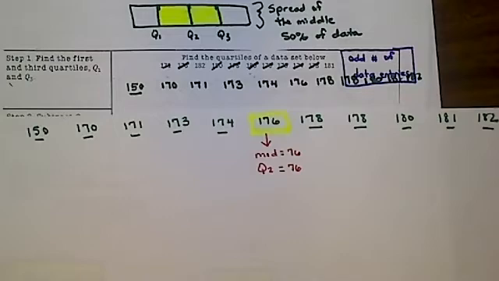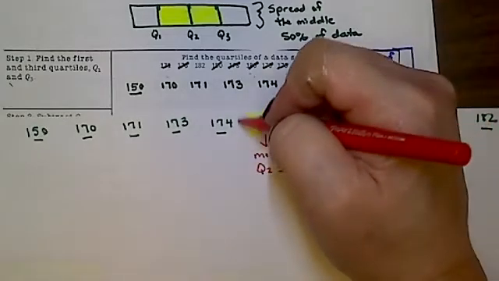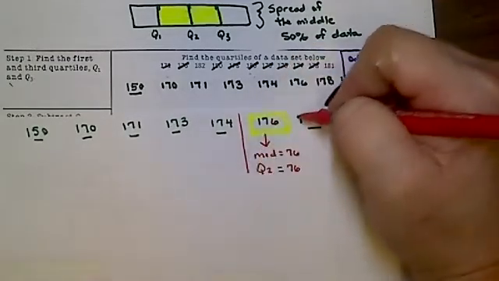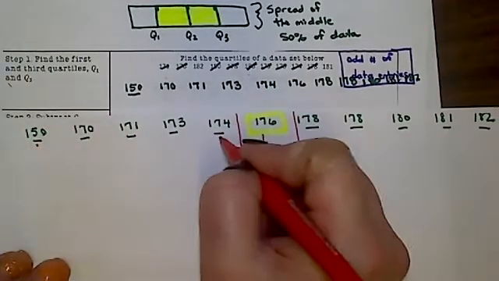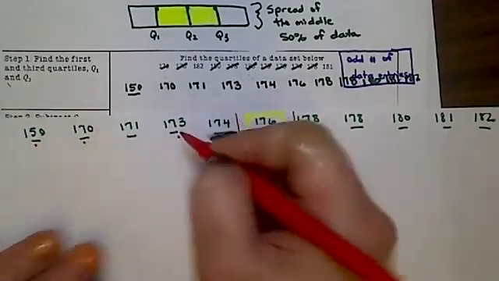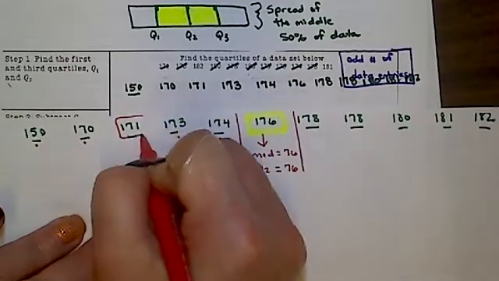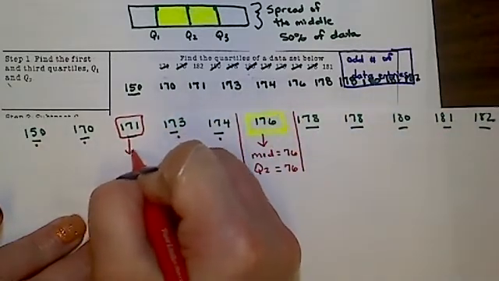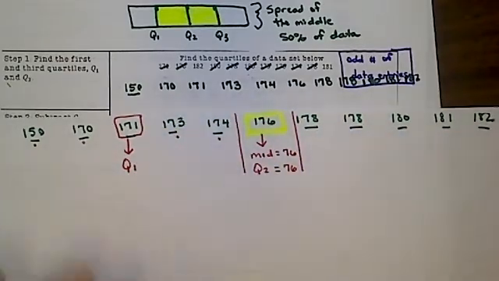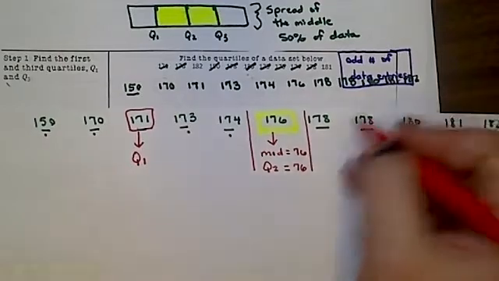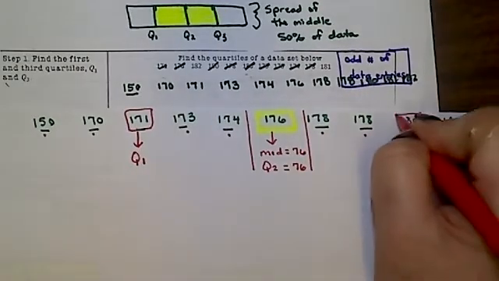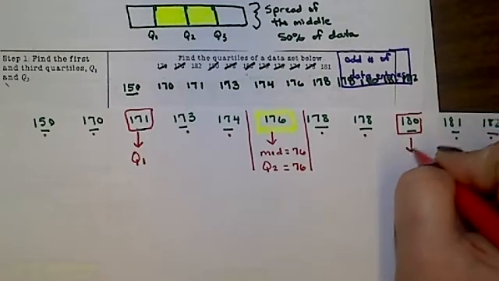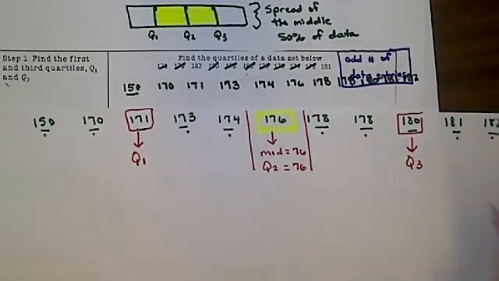Okay, then I'm going to look, since this is in the middle, I'm going to look at the lower and the upper half of the data. So now I'm going to match those up. So my Q1 is going to be 171. Then I'll do the right side of the data. And the Q3 is 180.